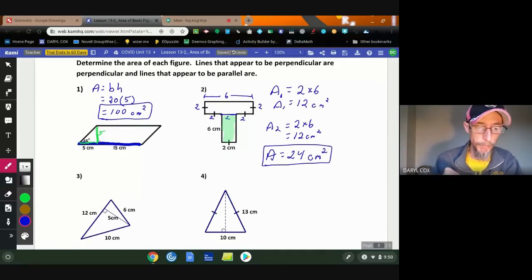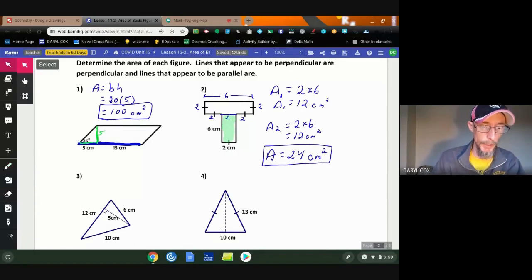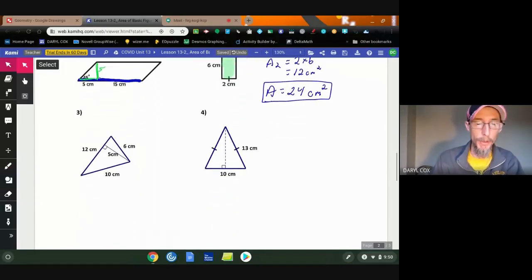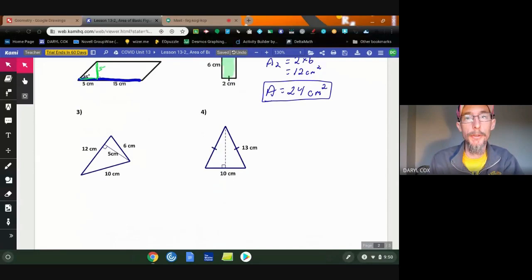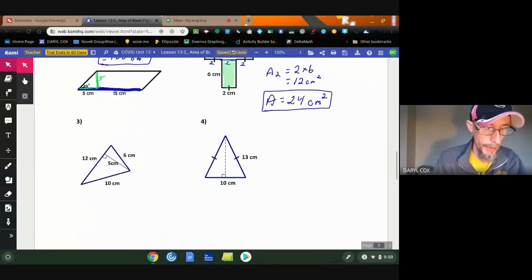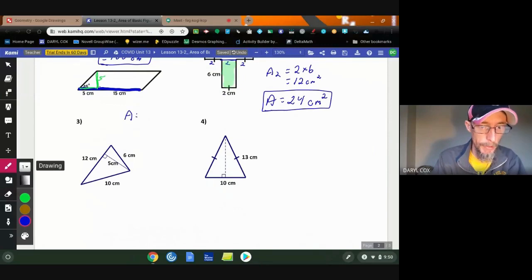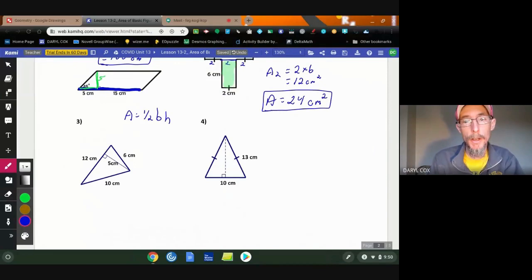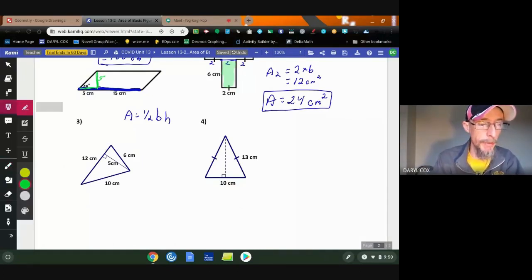Excellent. Okay, let's try a triangle. First of all, what formula are you going to use? So you chose to use area equals 1/2 base times height. Okay, what's the base? What's the height? So hopefully you're able to look at this and go, hey, wait a minute, I know my base and height have to make right angles.